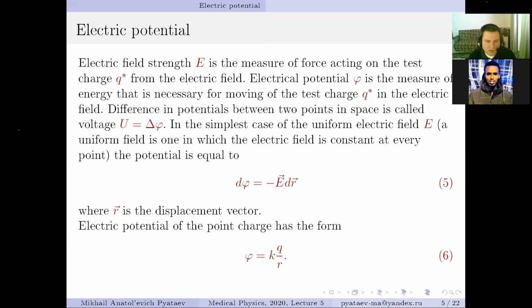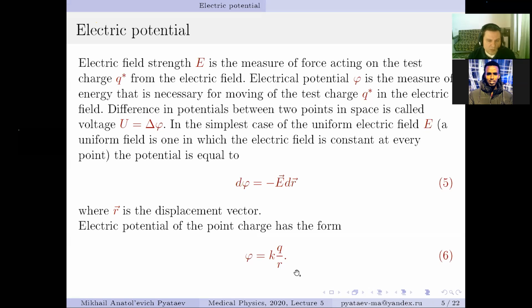And it means that the potential is defined with the precision of some constant value. So we can add some constant to equation 6, for example, and all the forces will be the same, all the work done by the electric field will be the same.